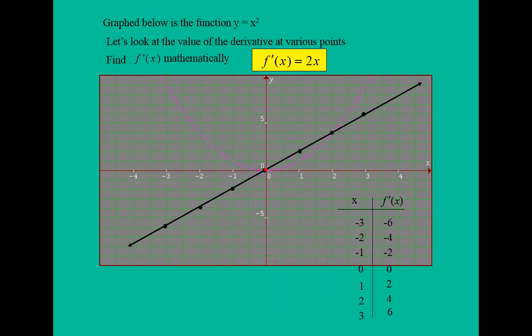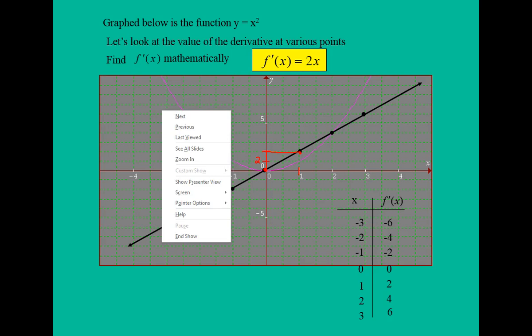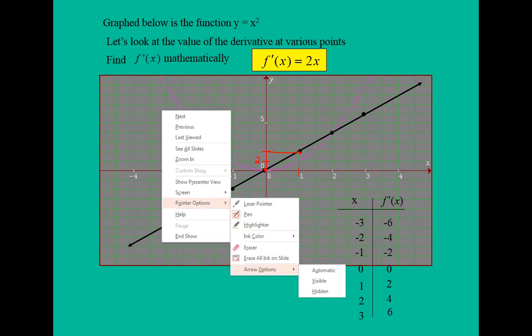So here we would go up 2 and over 1 to get back on the line. We went up 2 here because this is 1, 2, and this is 1 on the x-axis. So we can see that the slope of the line is 2, so we get y equals 2x plus 0, or y equals 2x.